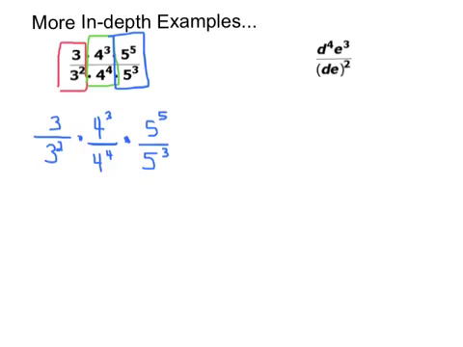So the first one I'm going to use in the first color. So we have 3 to the power of, well, what's the power up at the top? Well, remember we have that imaginary 1. So this is 1 minus 2.